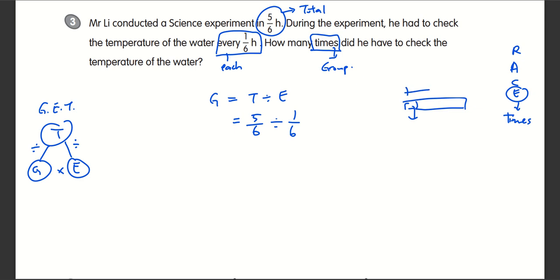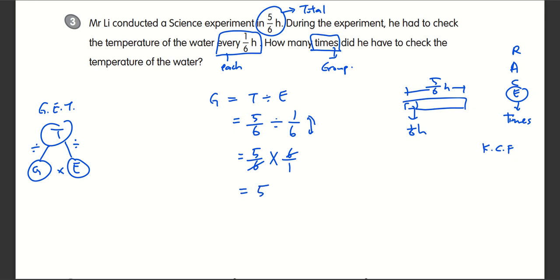The altogether is 5/6 hour, and how many times can I cut 1/6 hour out? If you were to do the keep change flip here, I keep the first fraction, change divide to times, flip it over, you get 5.